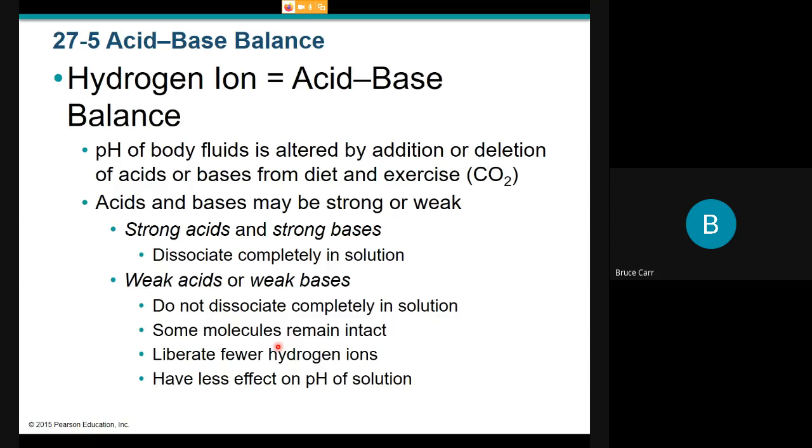Hydrogen ion, gosh, in terms of ion, it's kind of notable in several regards. It is very reactive. Because although we talk about it with the name of an element, hydrogen, H+ is just a proton, isn't it? Just a bare proton.